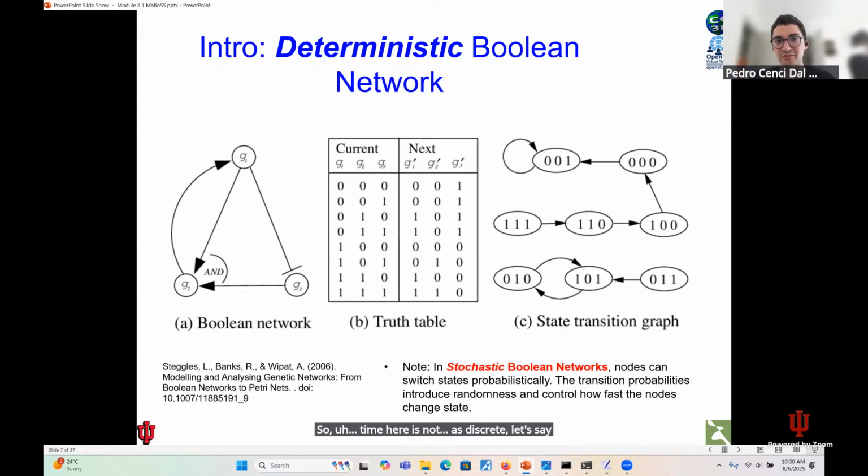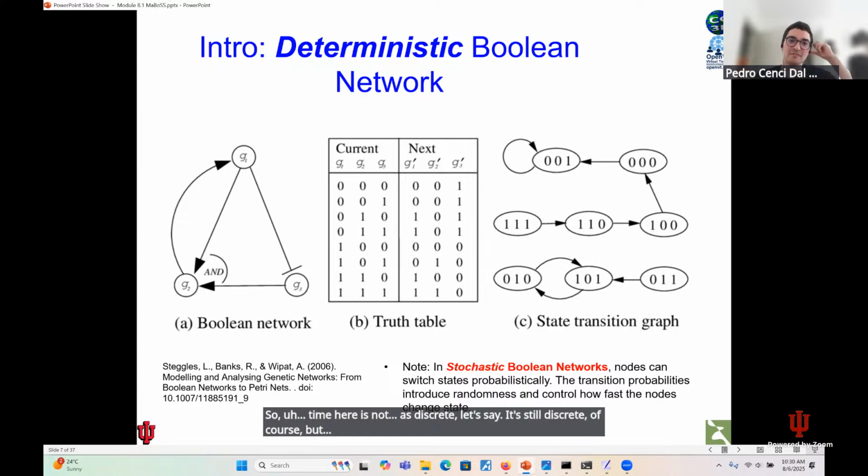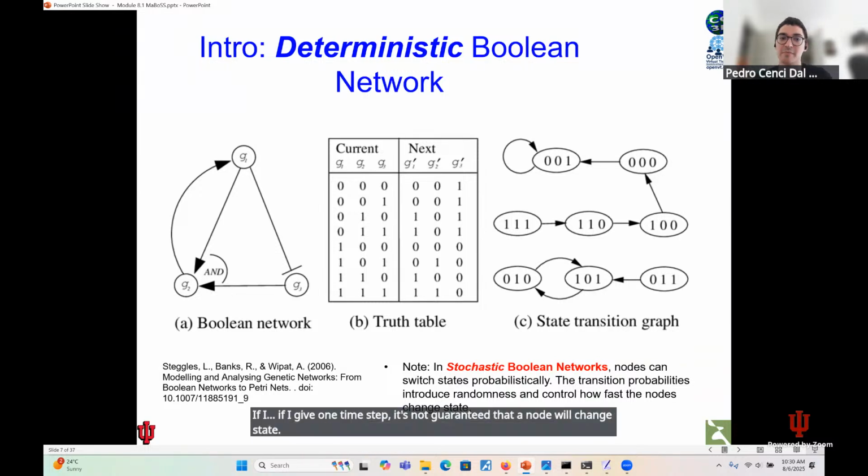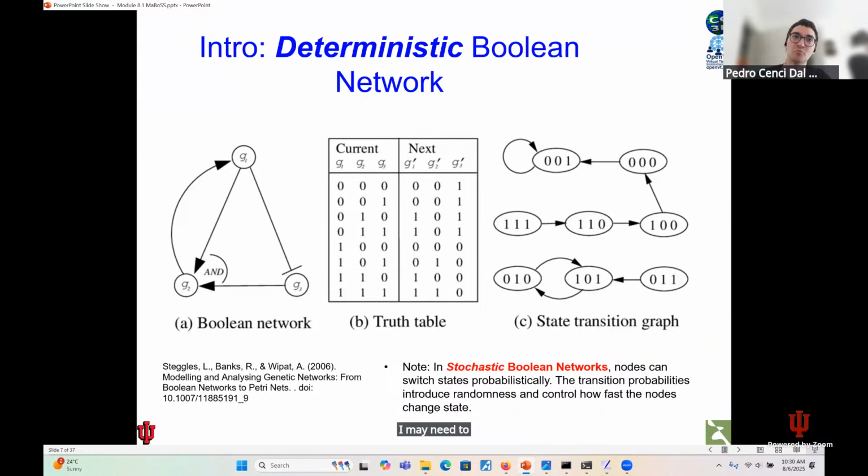It's still discrete, of course, but if I give one time step, it's not guaranteed that a node will change state. I may need to do multiple steps because there is only a probability of this node changing state. And also, if all the nodes have some residual probability of changing states, then the resulting graph is completely connected. You can switch from one state to all the other states in the network.